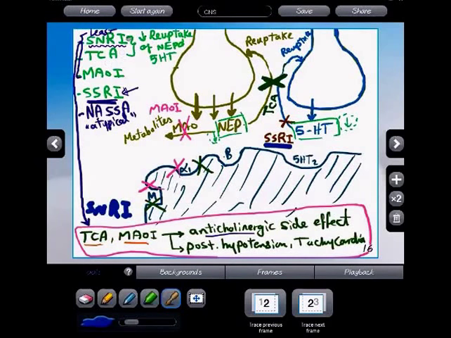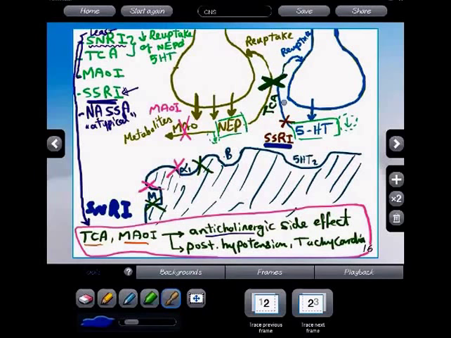Let's talk about the serotonin norepinephrine reuptake inhibitor, which decreases the reuptake of norepinephrine and serotonin also, like the tricyclic antidepressant. But this is less in side effects than the tricyclic antidepressant.